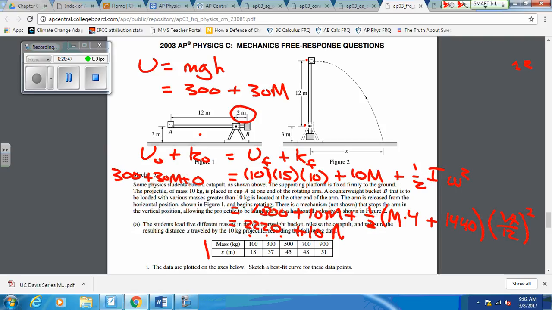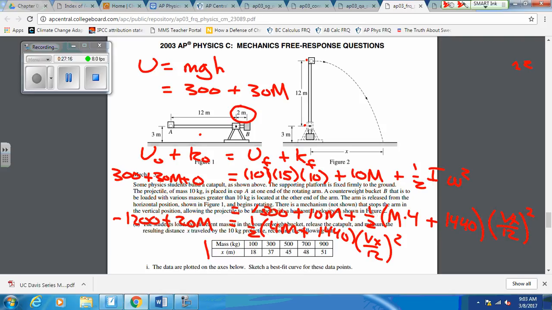A little bit of algebra mistake there. Actually, algebra mistake all the way through. Let's subtract terms so we can clean up our lives. Minus 1200 plus 20m is equal to half of 4m plus 1440 is Vx over 12 squared.